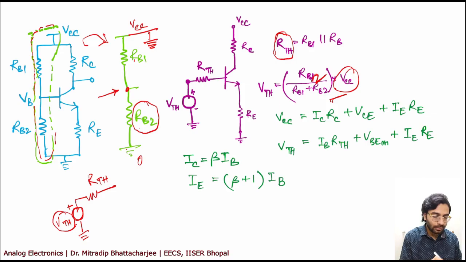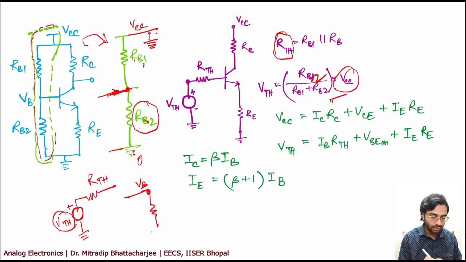Now you want to find your Thevenin's circuit from these two terminals, right? Once you have shorted this voltage source, RB1 and RB2 are in parallel, right? Because this is your terminal where you want to measure VB.